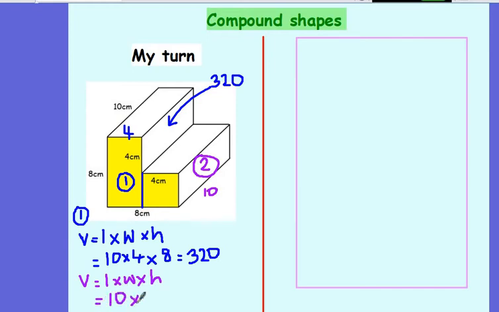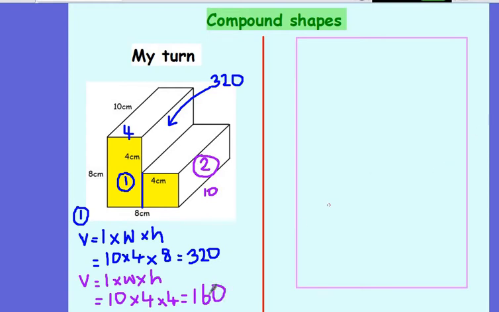The width is going to be 4 because it's here. And the height we know is half of the height of the other one because we've been given this bit as 4. We know the total is 8. 8 take away 4 gives me 4. So the volume of this second cuboid is 4 times 4 times 10, which is 160.